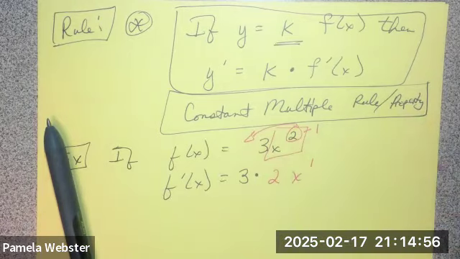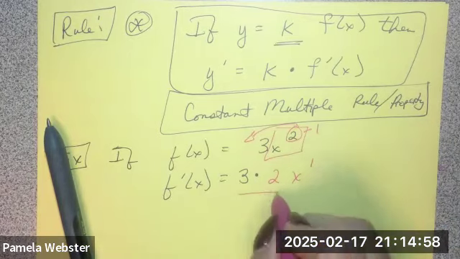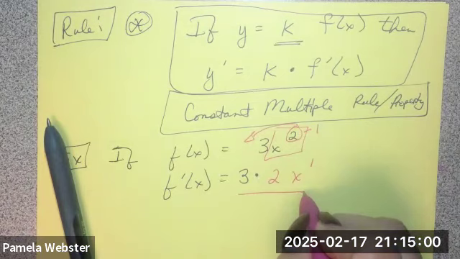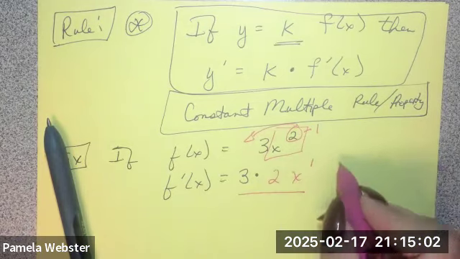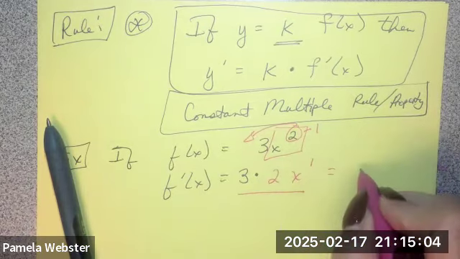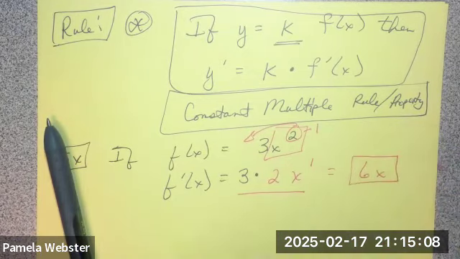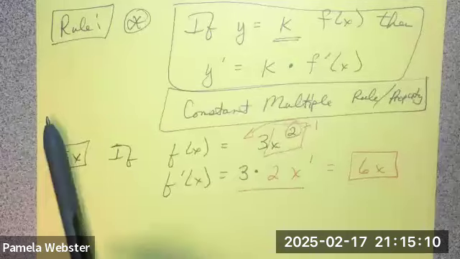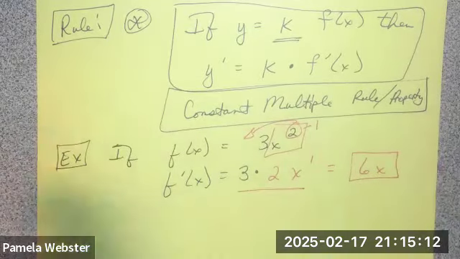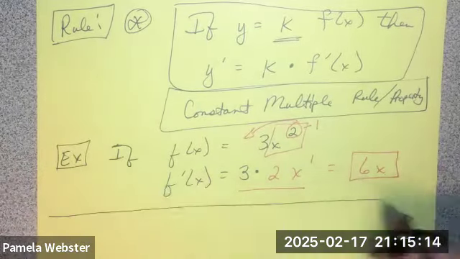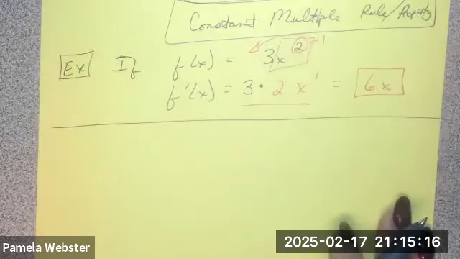It's a first. And then at the end, I do need to clean this up. You can't leave it 3 times 2 times x to the first. This needs to be what? 6x, right? Absolutely. You can do 3 times 2. That's not a difficult portion of what we're doing.